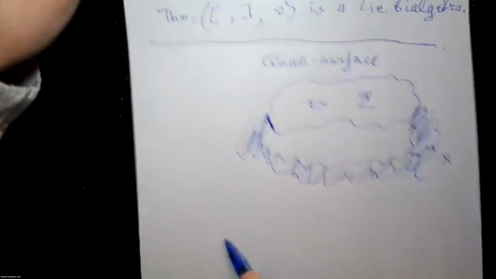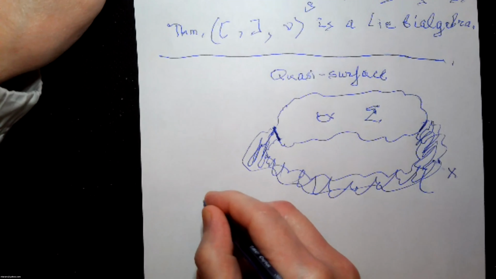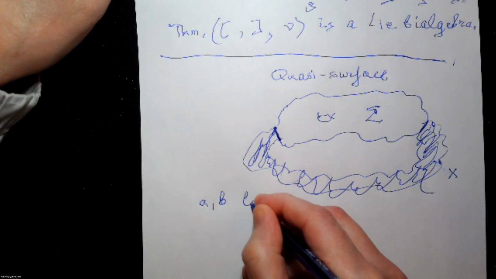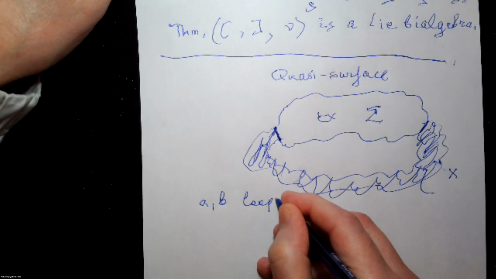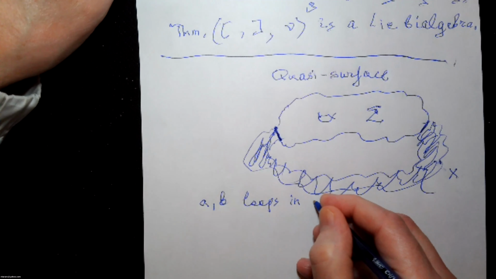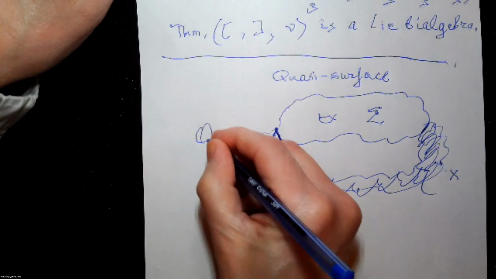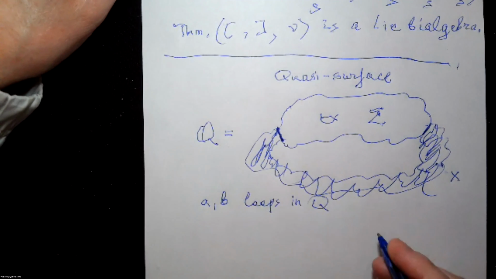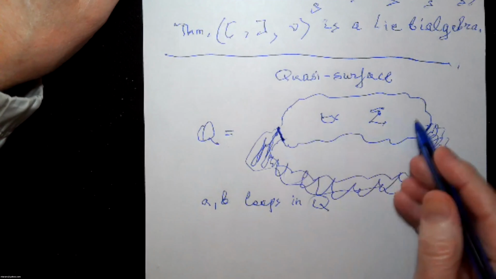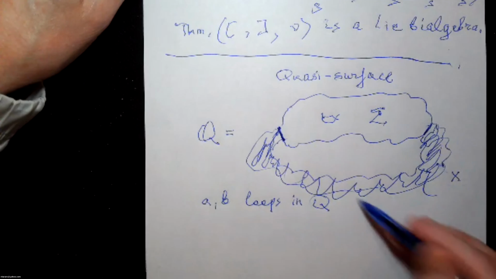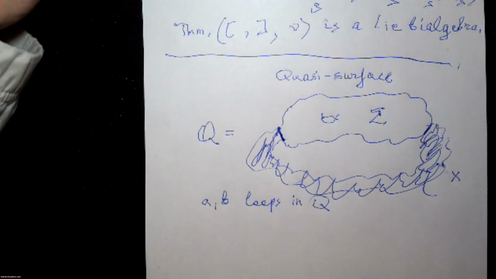First of all, you have two loops, let's say A, B, loops in this quasi-surface. Let it be Q for quasi. So they sit inside the surface part, but may go from time to time to this bad part about which we know nothing and cannot do anything.